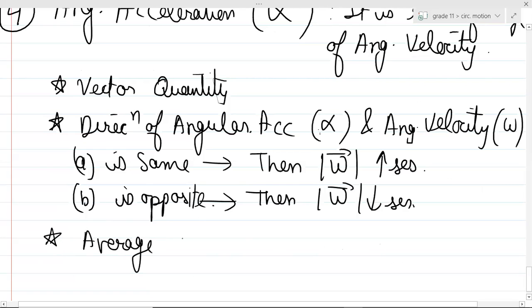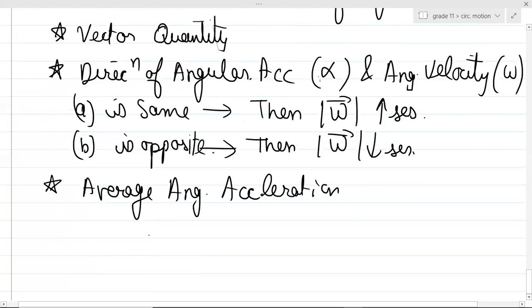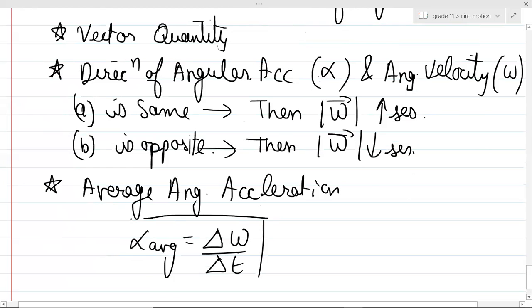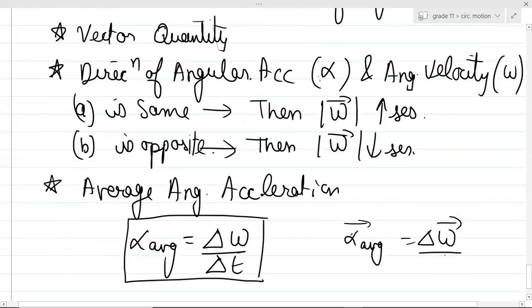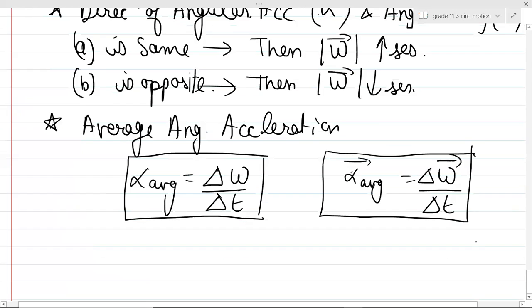How do you give the average angular acceleration? Average angular acceleration is given by delta omega by delta t. This is the normal form, and in vector form you will write it as delta omega, and depending upon whether the speed is increasing or decreasing, accordingly alpha.